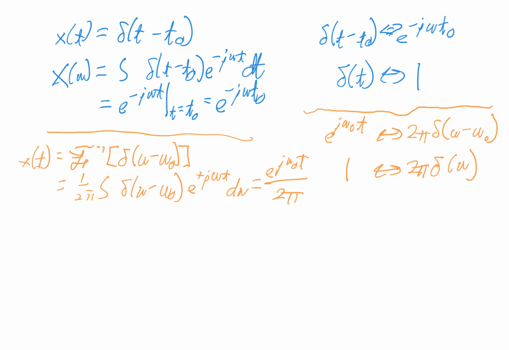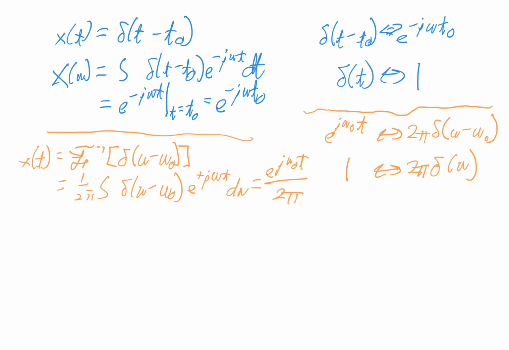And similarly here, if I take my impulse in frequency and shift it to a frequency omega naught, I still have a time domain signal that has magnitude 1, but now it's a complex number that's oscillating. It has the cosine and the sine components according to Euler's formula. It has magnitude 1, but it has a frequency and its angle is changing with time.